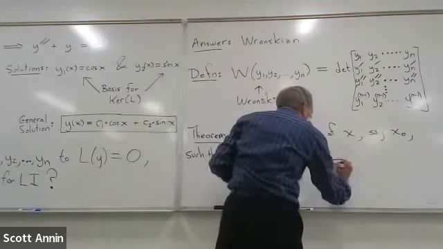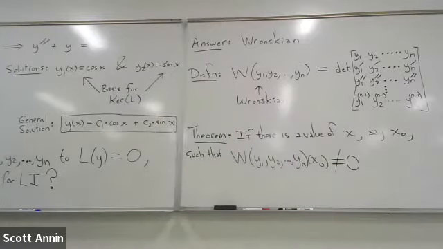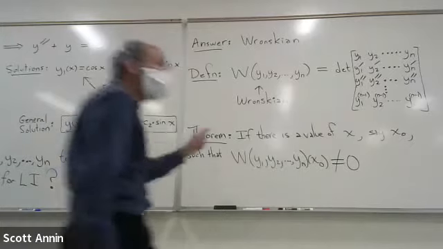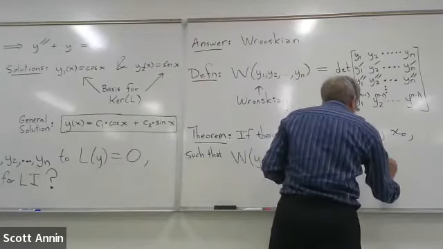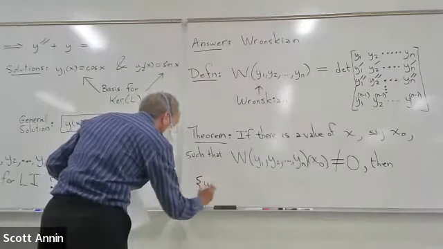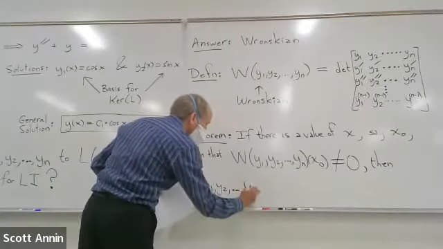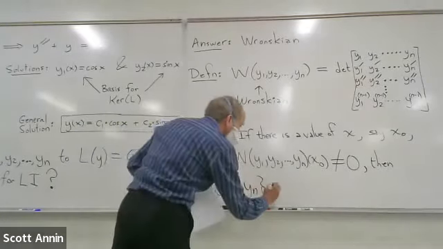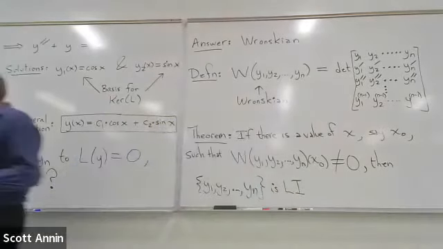If you can plug a number into that Wronskian, and the determinant of that matrix is not 0, aha, then your functions y1, y2, dot, dot, dot, yn, that set of functions is linearly independent.